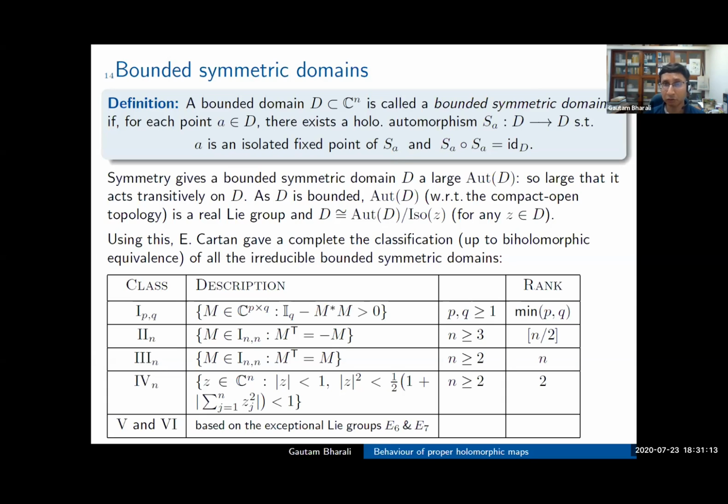So I take a small ball around a point close to A, and I apply s sub A, and this switches on a reflection which moves A to some other point.